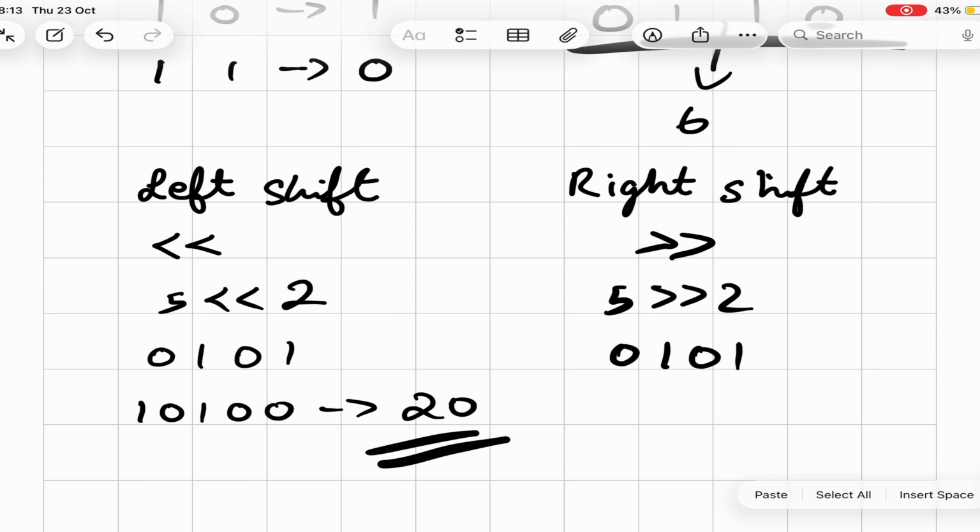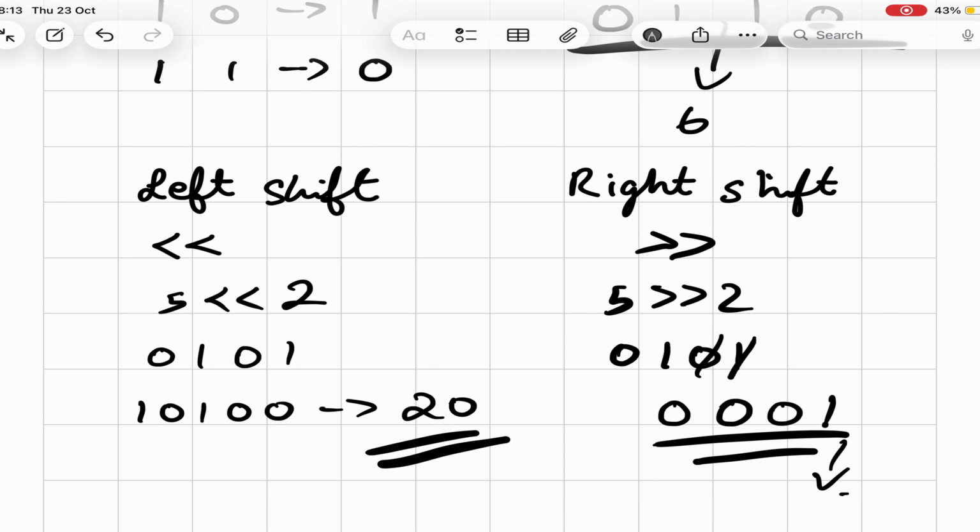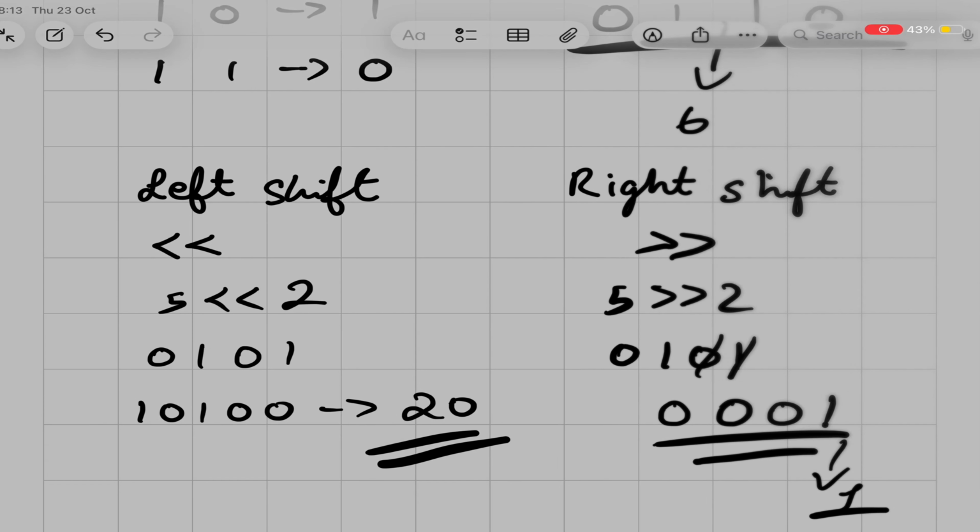So here we are losing information. The last two bits will be gone, so it's going to be 0001. So when you are going to the right side, you are losing two values. So now this is nothing but 1. So you can see in right shift you are losing information, but in left shift you are gaining information.